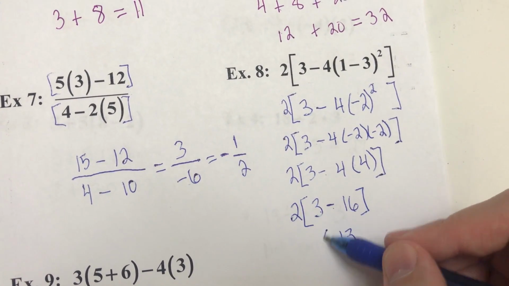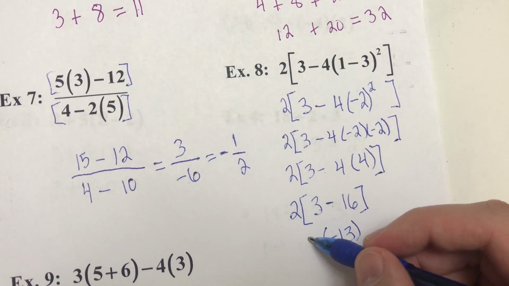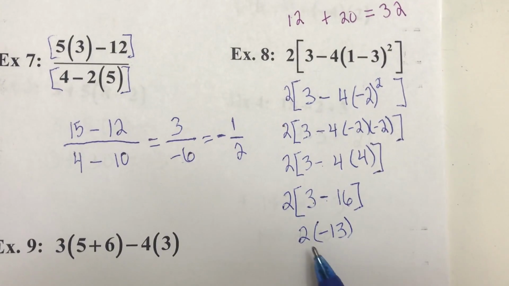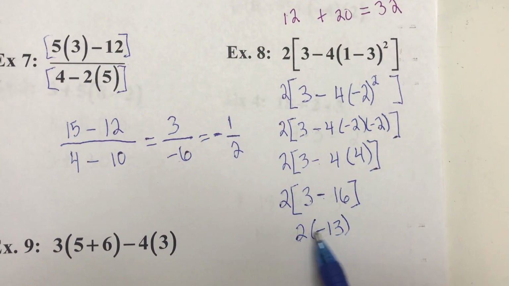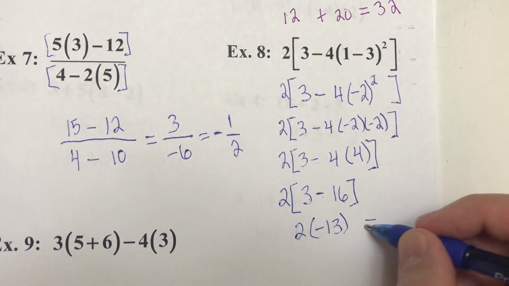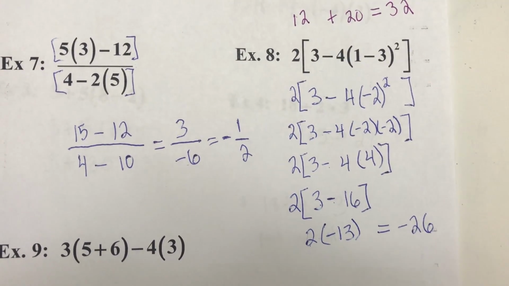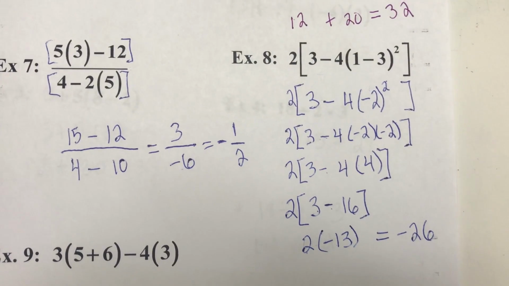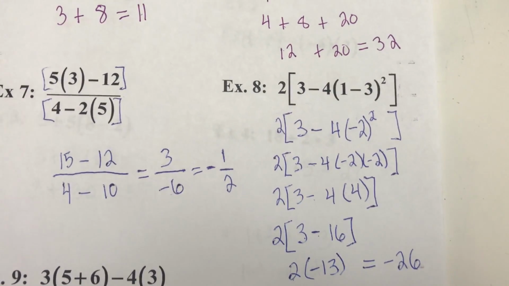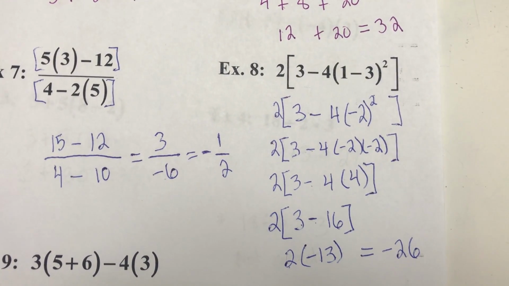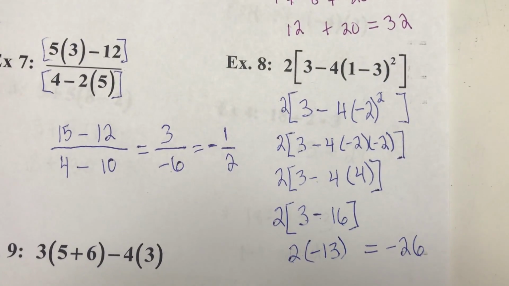The brackets can now become parentheses, the 2 on the outside indicating multiplication, and our final step is 2 multiplied by negative 13, which is negative 26. There were many steps in this problem, but in order to achieve the correct answer, we followed the order of operations.